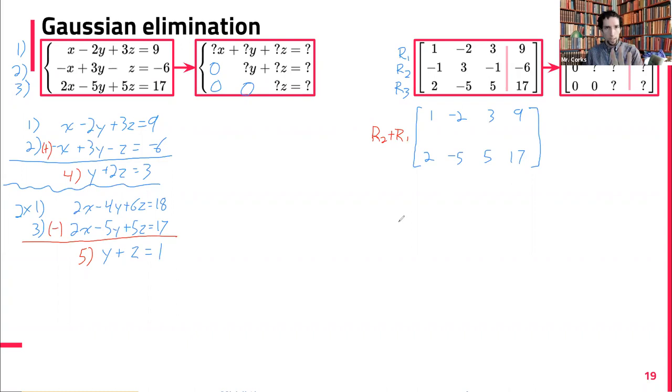So again, if you want to write out on the side what the arithmetic is here, just to make sure you're not making any mistakes, that's fine. That's probably good practice for some more complicated ones. But if it's really simple and you think you can do it in your head, then that's totally fine. So 1 plus -1, that's a 0. And the next one here, I know we just figured this out on the other side, but always good to double check your work. -2 plus 3, that's a 1. 3 plus -1, that's a 2.